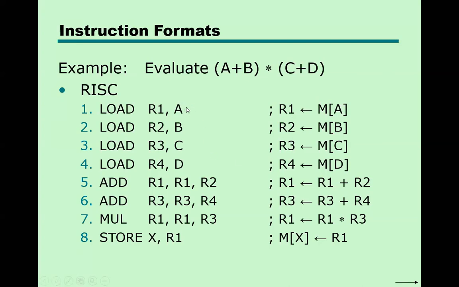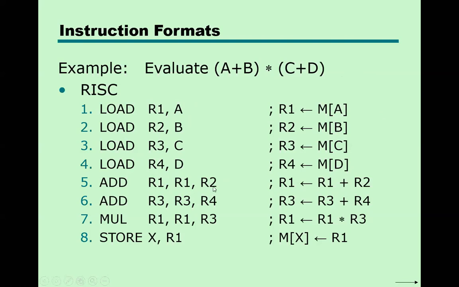First we move the A value into R1, the B value into R2, the C value into R3, and the D value into R4. Now we have A, B, C, D in the respective registers R1, R2, R3, R4. Now, for A plus B, we simply add R1 and R2, and similarly for C plus D, R3 and R4.